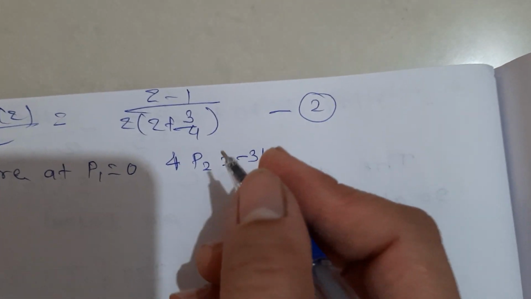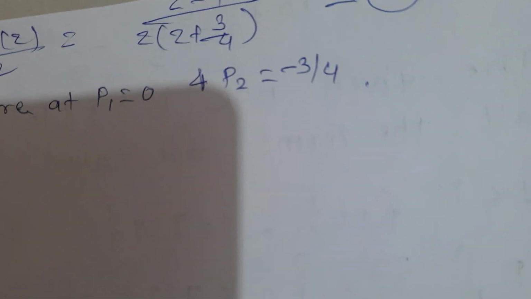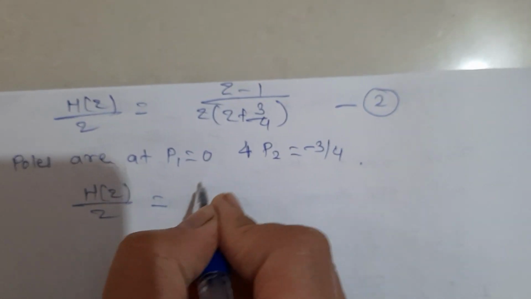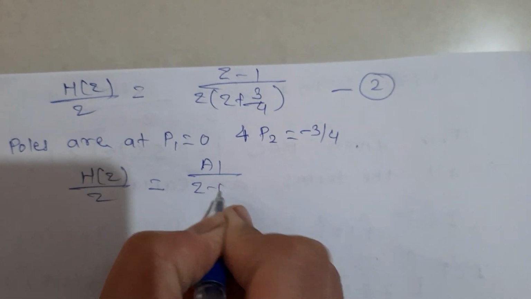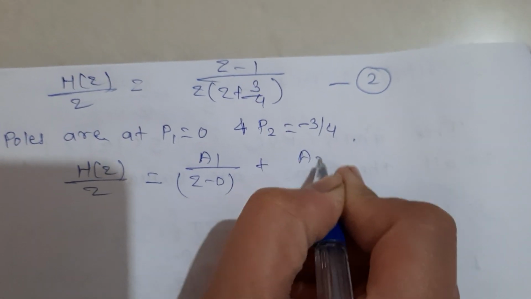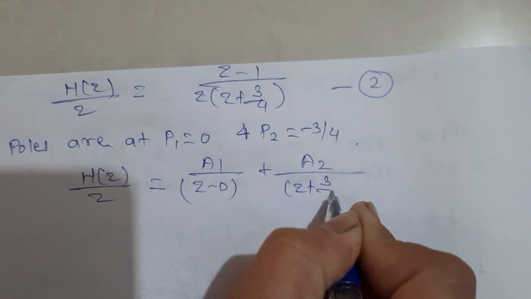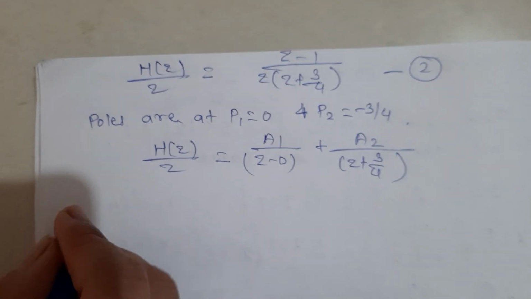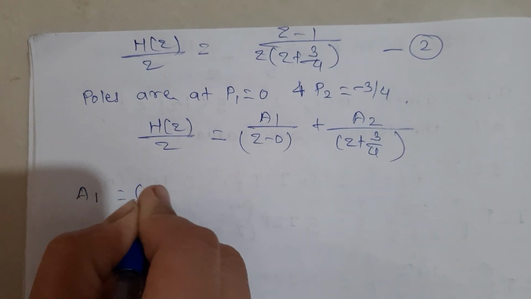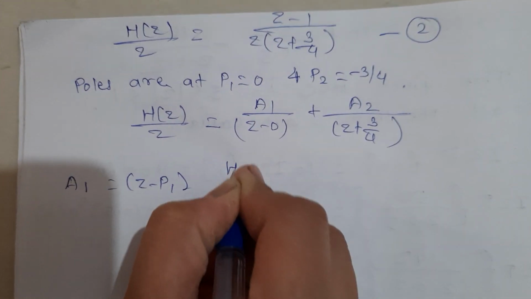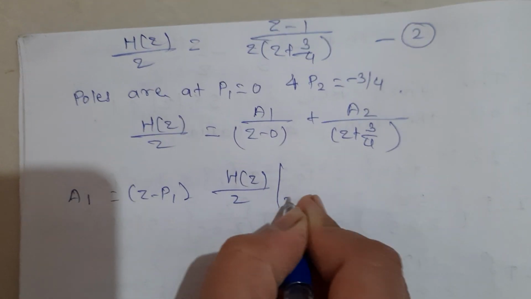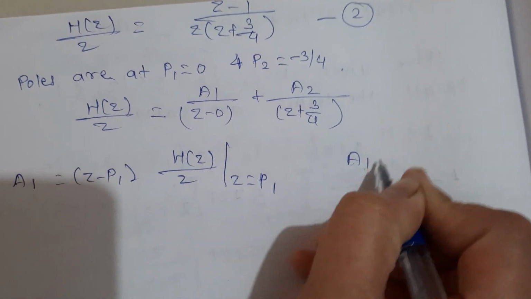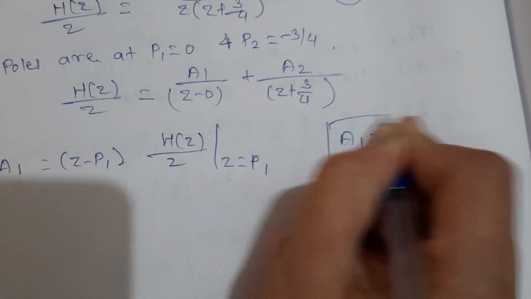We can write equation 2 in partial fraction expansion form as H(z)/z is equal to A1/(z - 0) + A2/(z + 3/4). So here we have to find the values of A1 and A2. A1 is equal to (z - p1) H(z)/z at z equal to p1. Now we substitute these values and we get A1 is equal to -4/3.